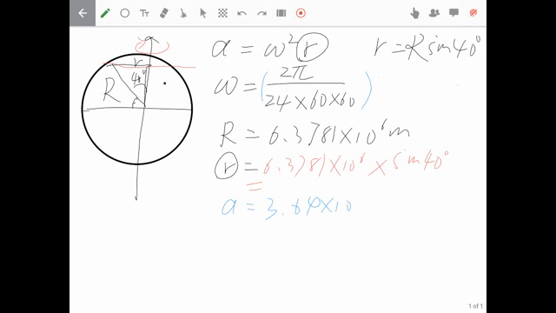The power should be lower than that, because omega is quite a small number. Okay, I'll try it again. 2 pi divided by 24 times 60 times 60. Oh, no, I need brackets for that. I think I know where I made a mistake. Yeah, you need a bracket for 24 times 60 times 60. That's where I made a mistake.